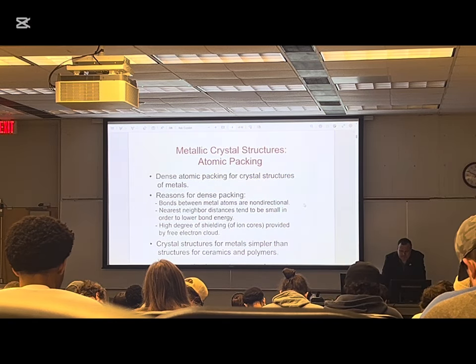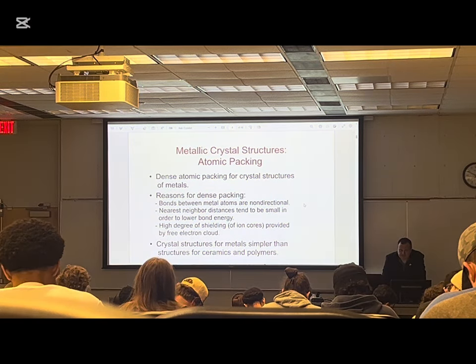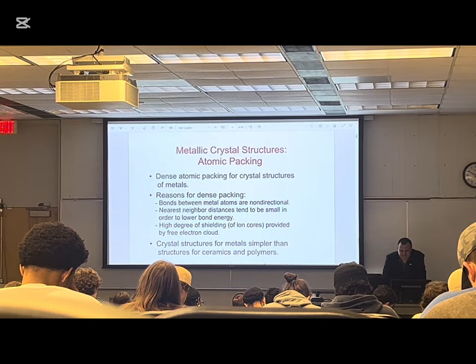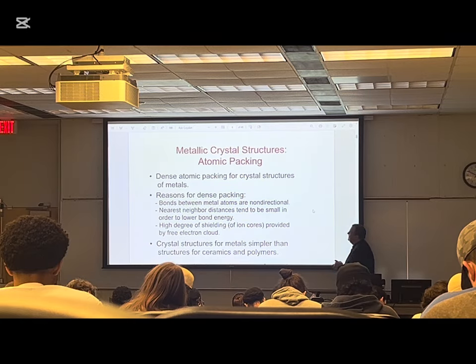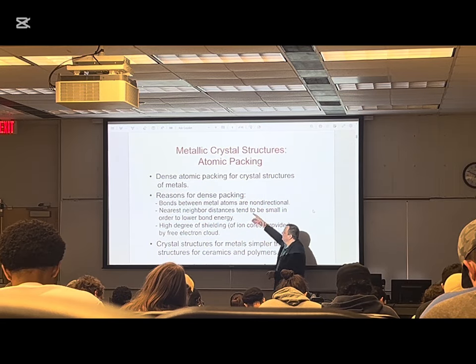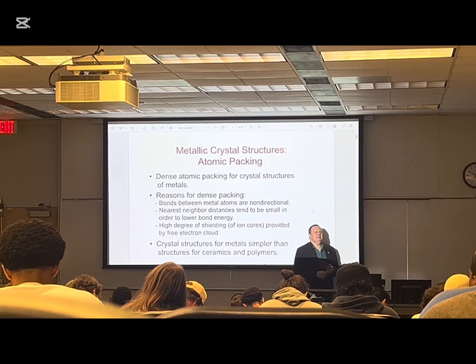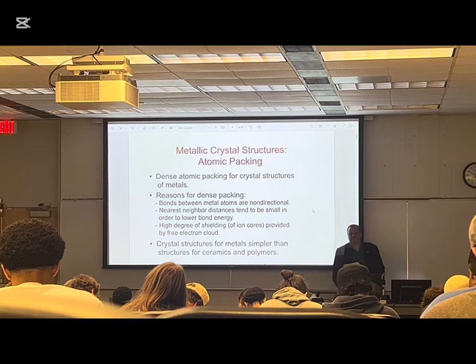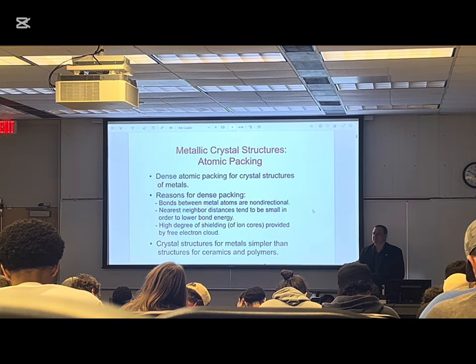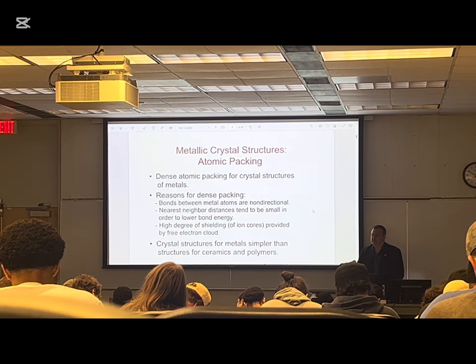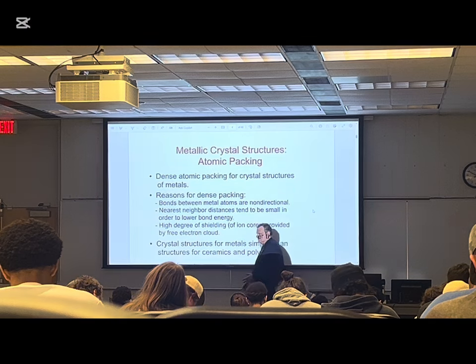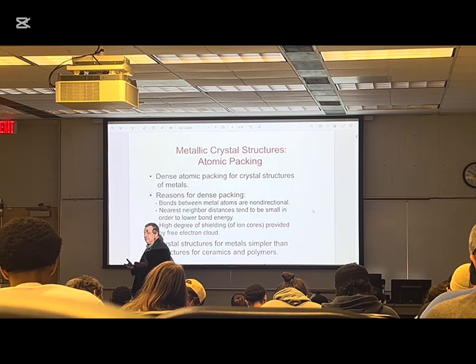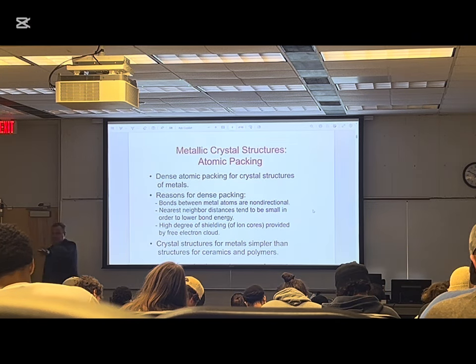Okay, metallic structures and the atomic packing of metals. Metals are very dense. Why are they dense? Because the bonds between those elements, between those atoms, are non-directional. What does that mean, non-directional? Obviously it happens in 3D, but we're going to use this class as a plane.